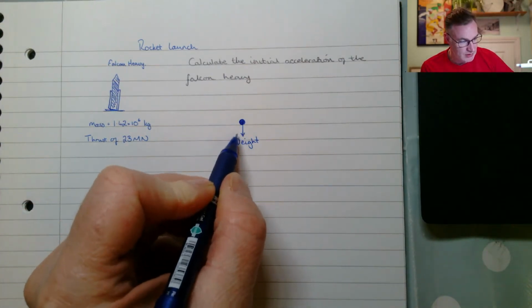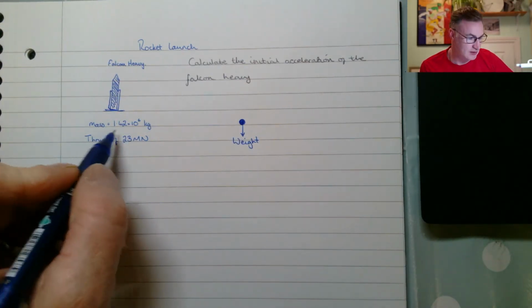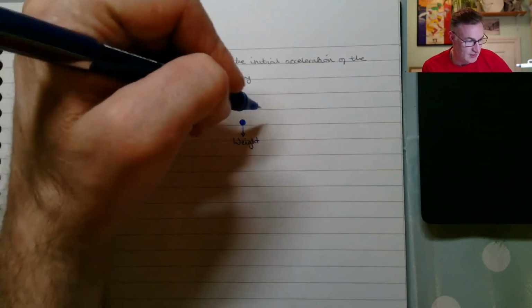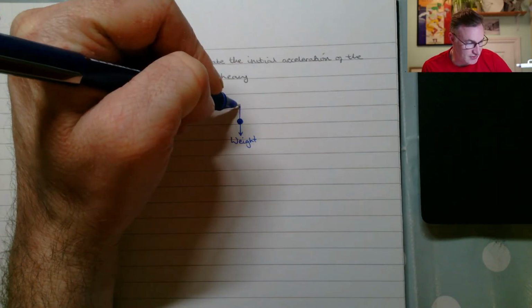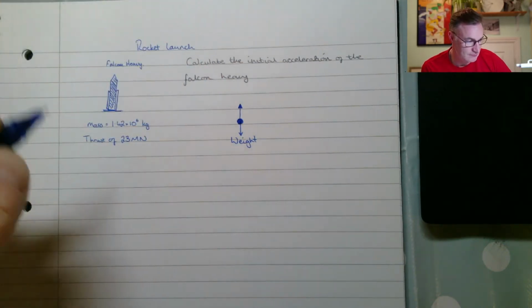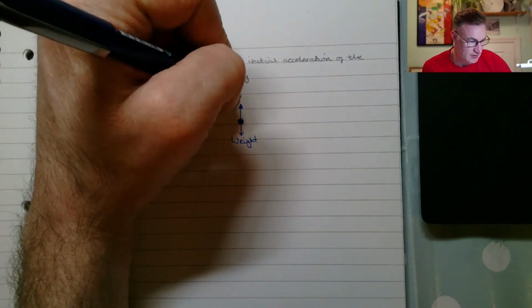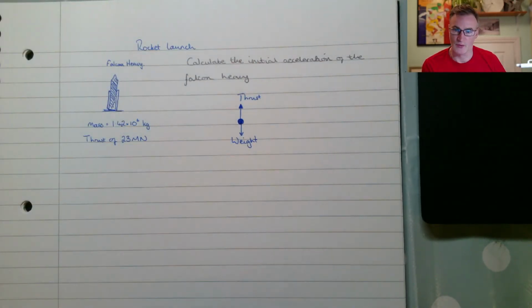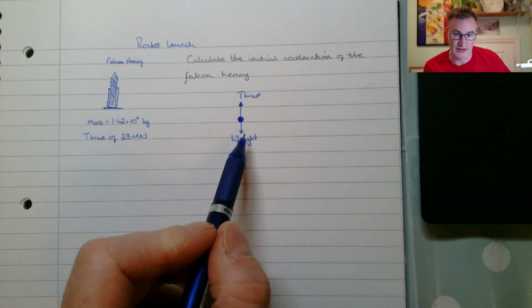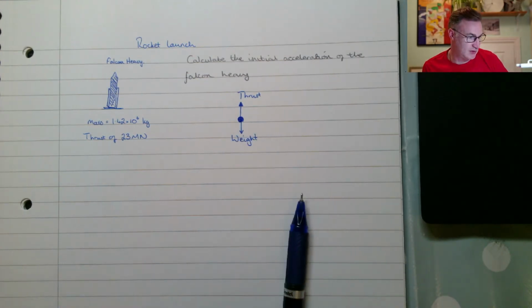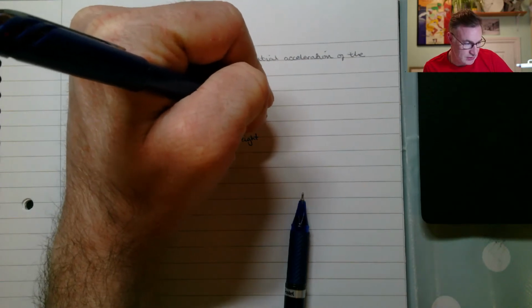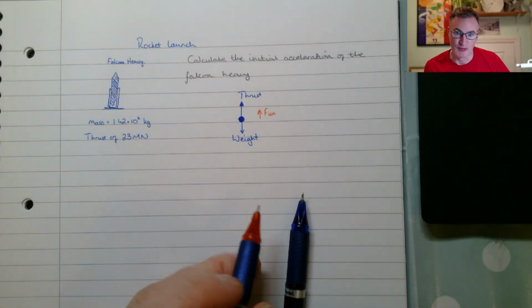And so it has a weight here, and that weight is going to be determined by the mass of the rocket, but it will also have a thrust. Now, what we're going to hope is that the thrust is greater than the weight, which will produce an unbalanced force.